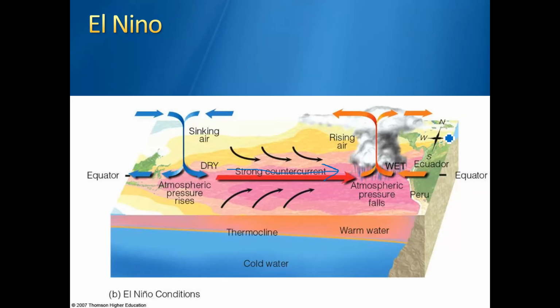That results in less hurricane formation there. And as I mentioned earlier, this sinking air here in the West Pacific results in much drier weather near Australia and Indonesia. So there are global implications of El Nino.